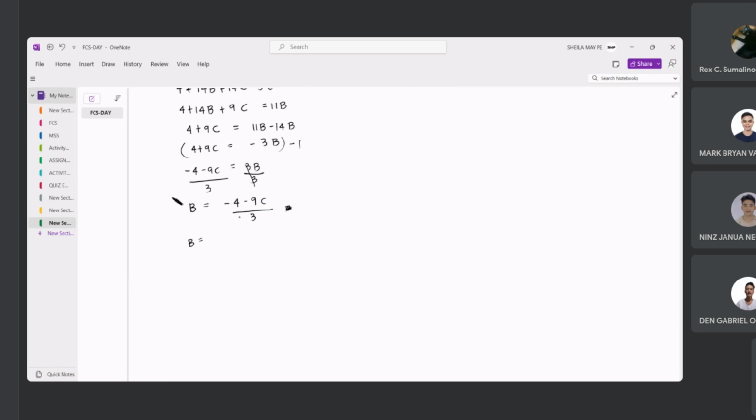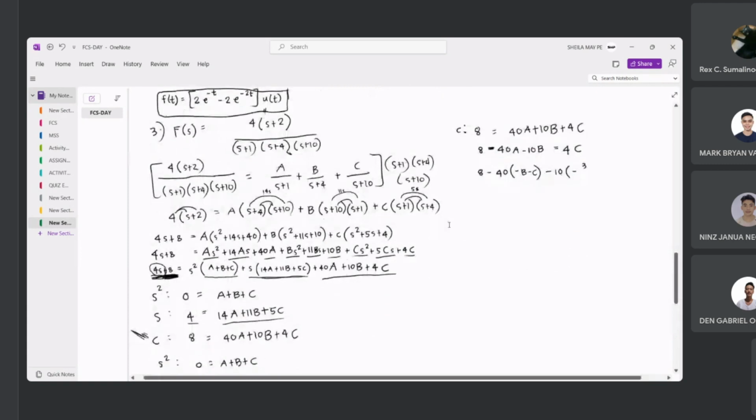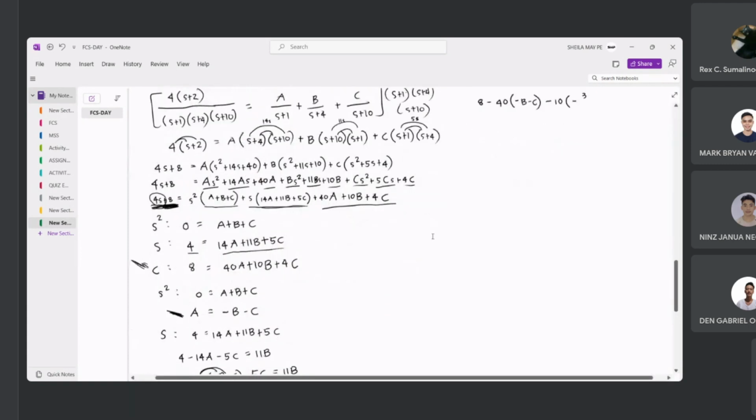So B equals negative 4 over 3 minus 3C. Because negative 4 divided by 3 is negative 4 thirds. Negative 9C over 3 is negative 3C. You can use this one. You can also use this one. Okay? I want to use the simplified form.